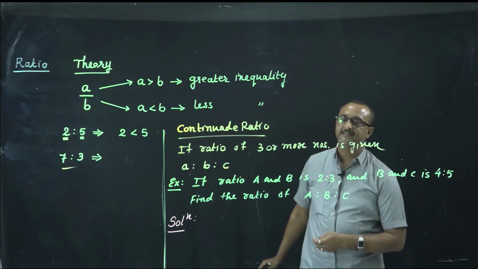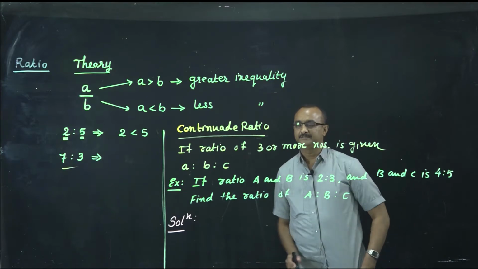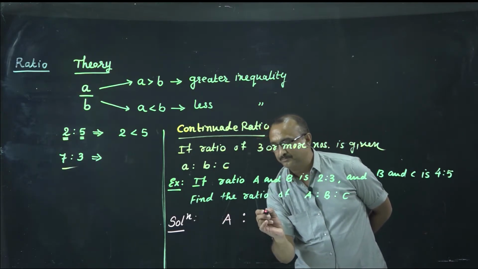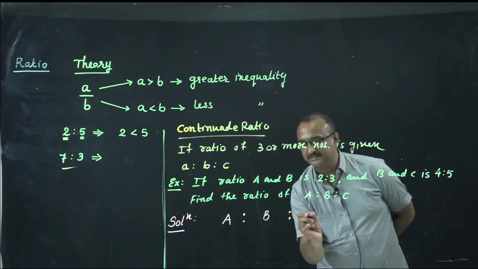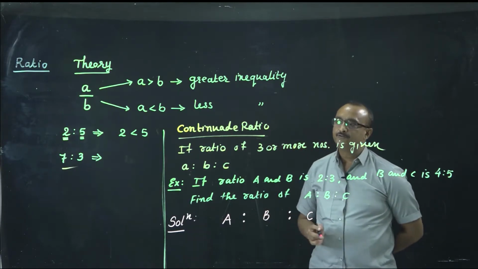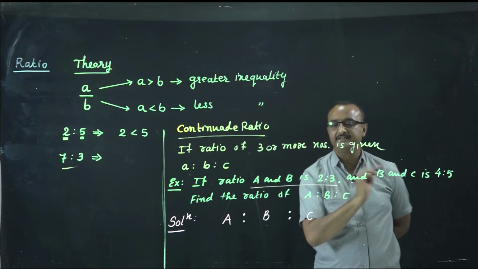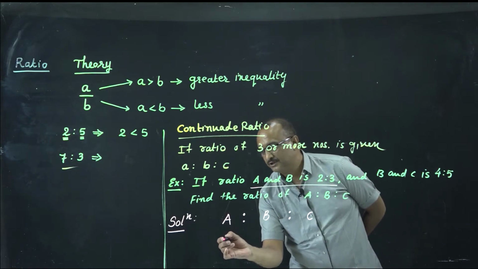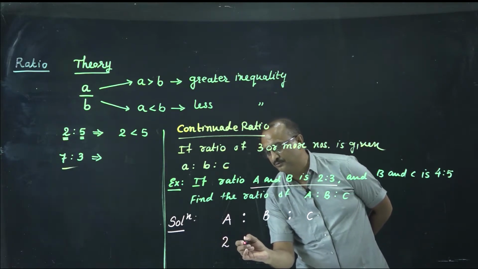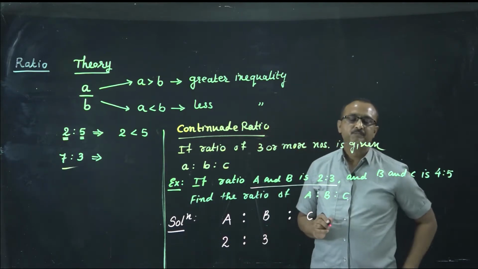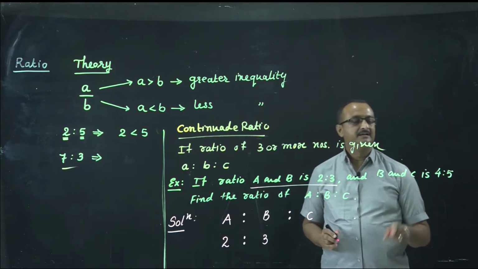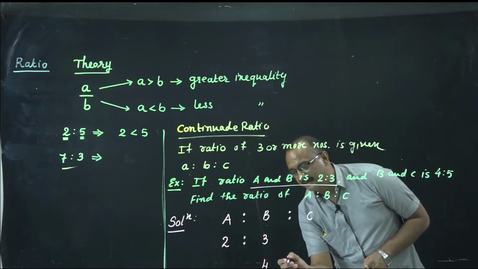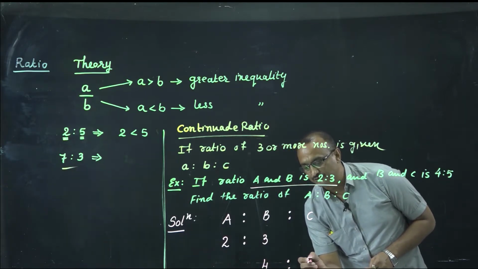See how to find A is to B is to C. First, write down A is to B is to C. Now, first it is given that A and B are in the ratio 2:3. So put down here 2:3. Okay. And B and C in 4:5. So B and C 4:5.